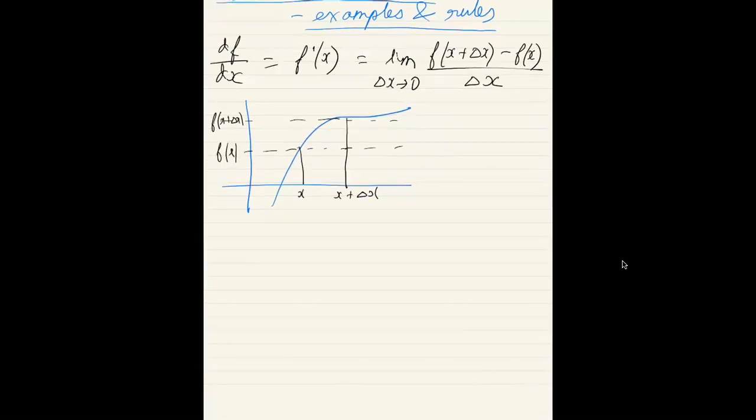We calculate this difference, and that goes in the numerator, and we calculate this difference, and that goes in the denominator. So that's our definition of the derivative.